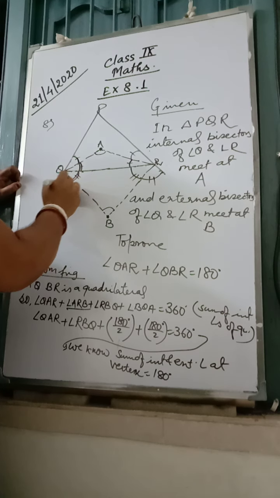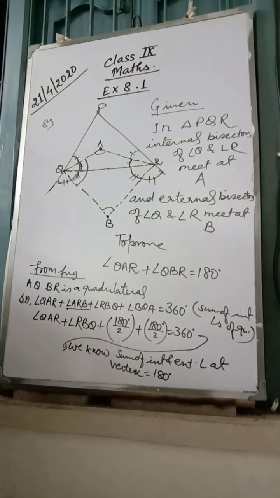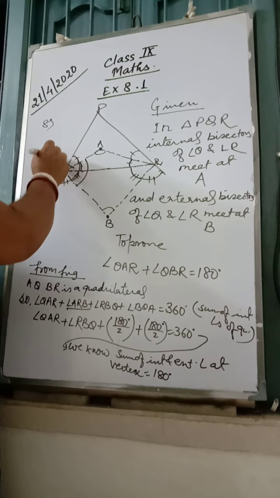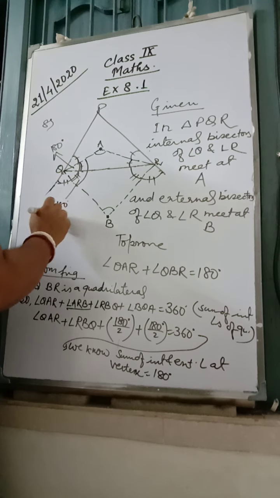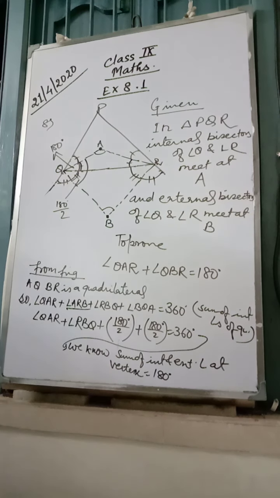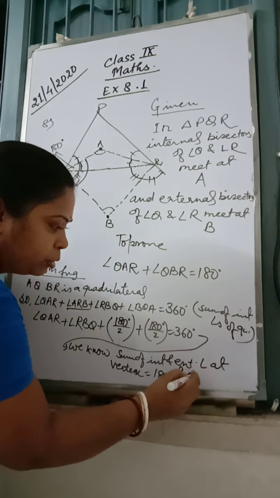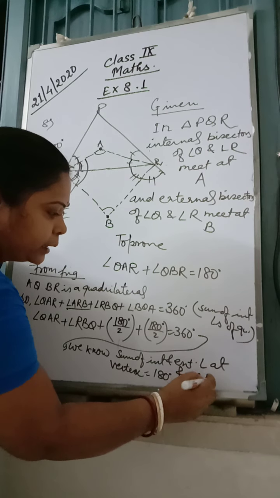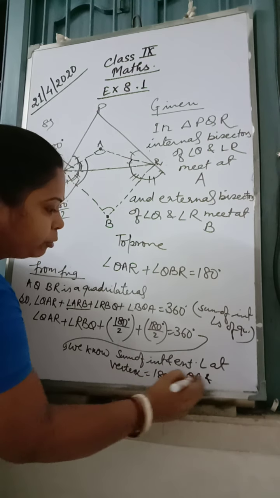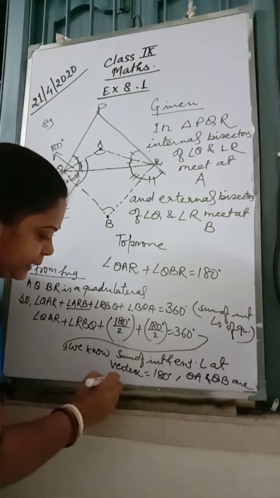If this total is 180, what will be this? These are the bisectors. This angle is formed with the bisector. So if this is 180, this will be 180 by 2. What I have written here. And QA and QB are bisectors.